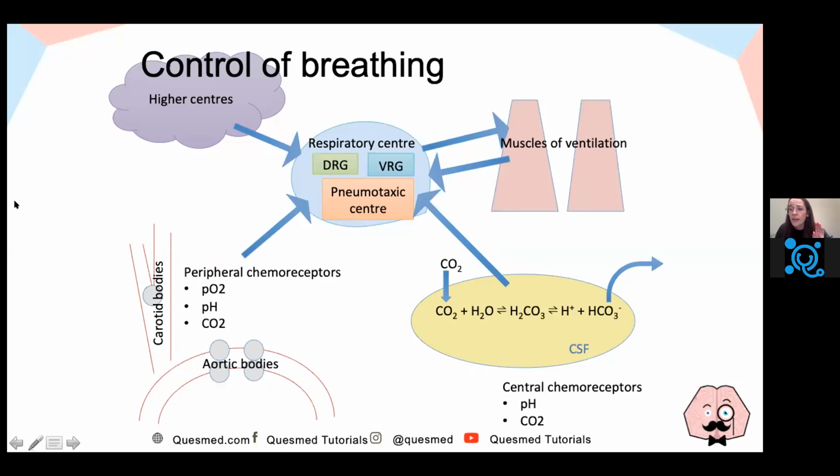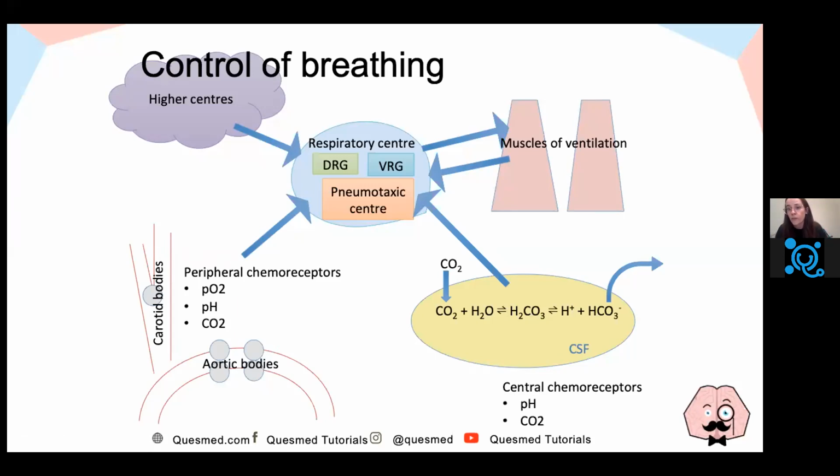So if we're over-oxygenating these patients, giving them way more oxygen than they need, then their partial pressure of oxygen, their PaO2 in their blood, will increase. And therefore, you've got such a high concentration of oxygen in the arterial blood that your carotid bodies and aortic bodies are working fine because they've got enough oxygen going to them, despite the fact that the patient's not breathing very well.